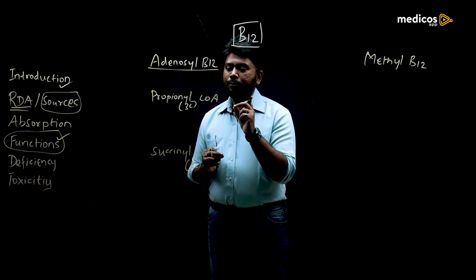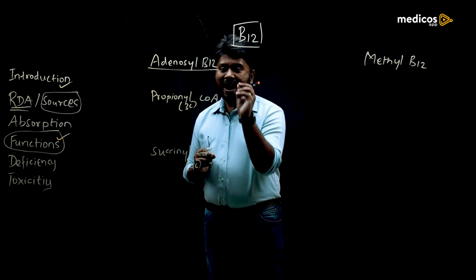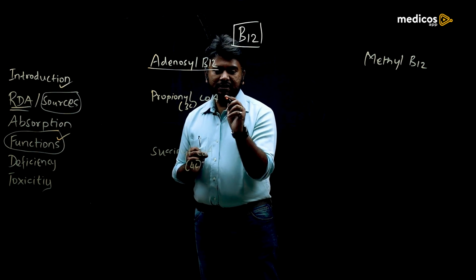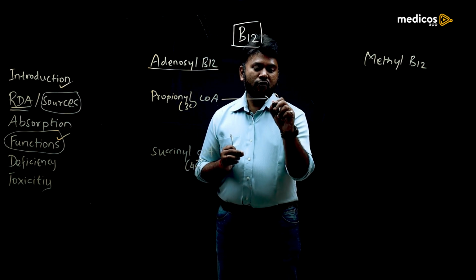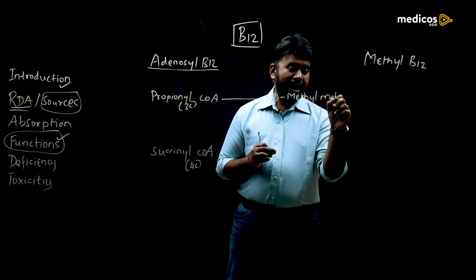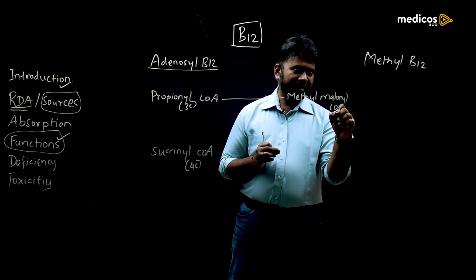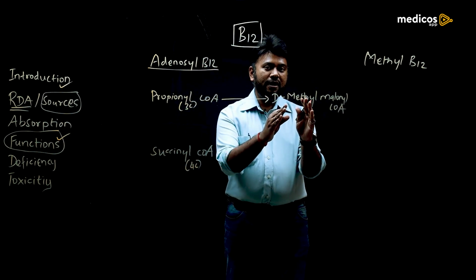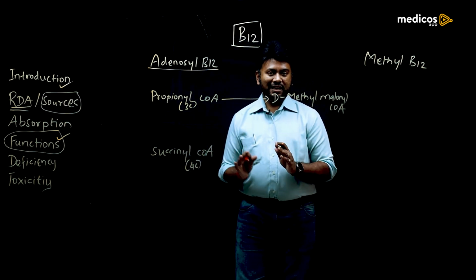So the enzyme propionyl CoA carboxylase will add one carbon atom. When it adds one carbon atom, it will not form succinyl CoA, instead it forms methylmalonyl CoA, which is actually an isomer of succinyl CoA.